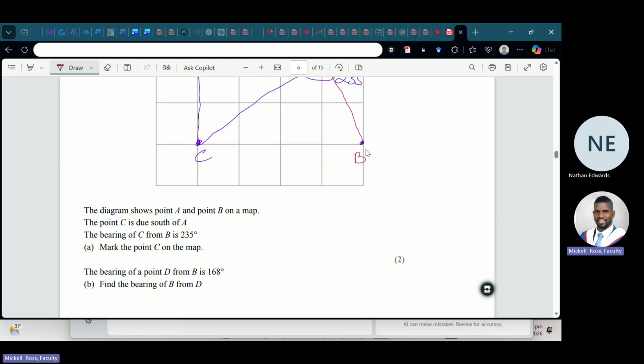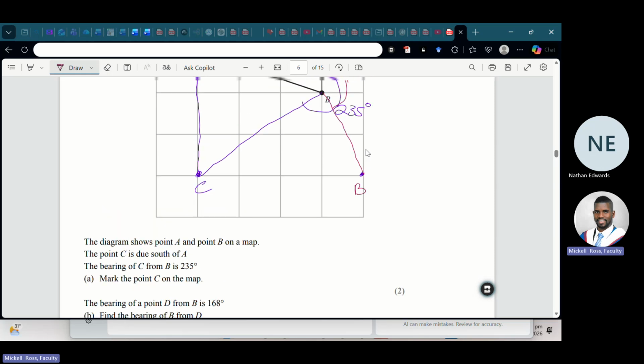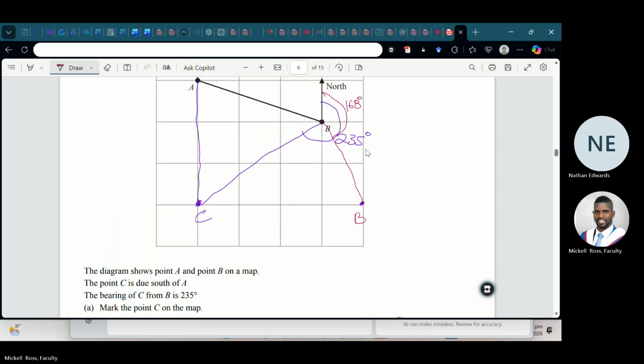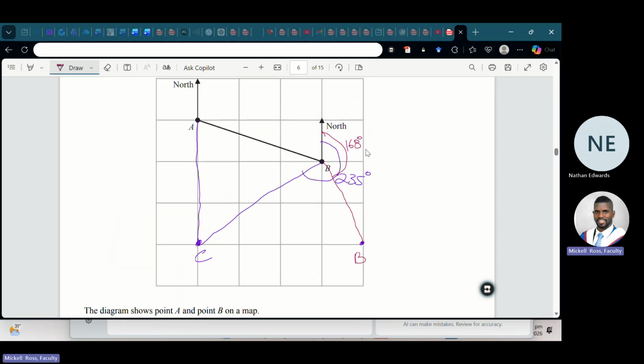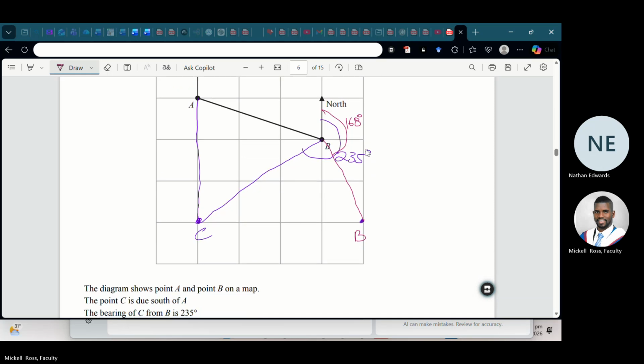Find the bearing of B from B. Wait, I'm getting this mixed up. All right, let me recheck that one.